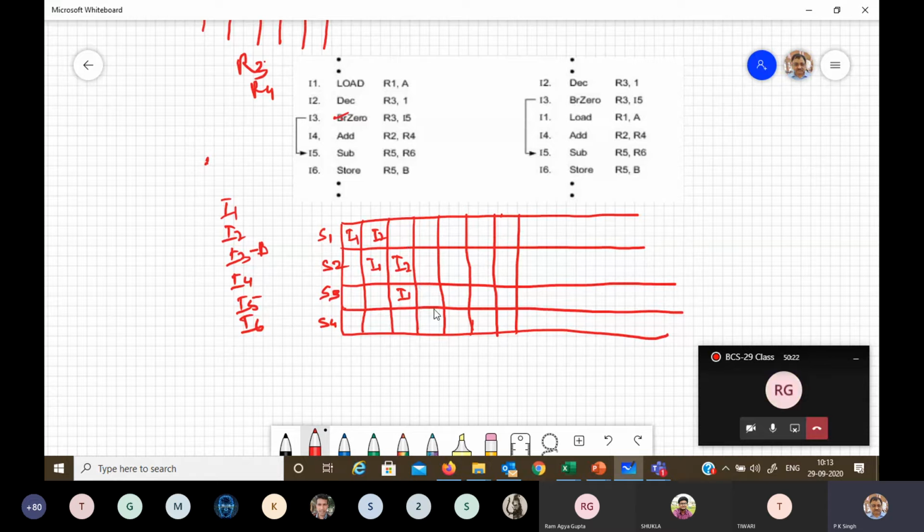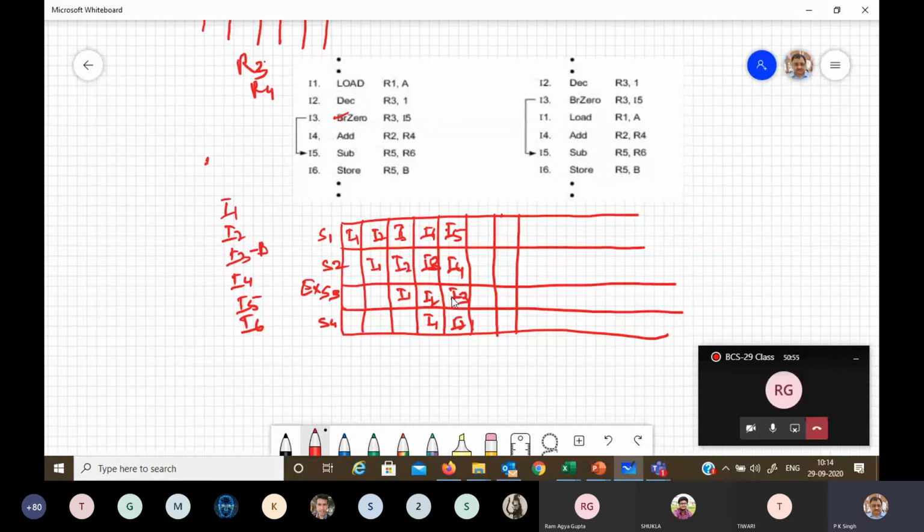Now see, I1 will be executed, I2 will be here. Here I3, I4, I5. This is I3, I4, I3, I2. This is execute stage 2.